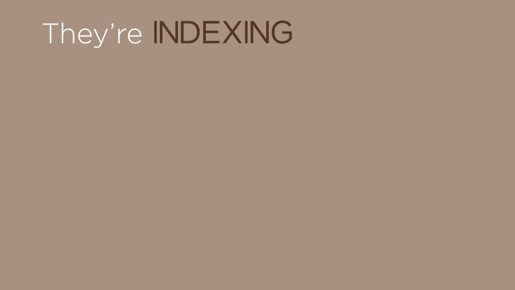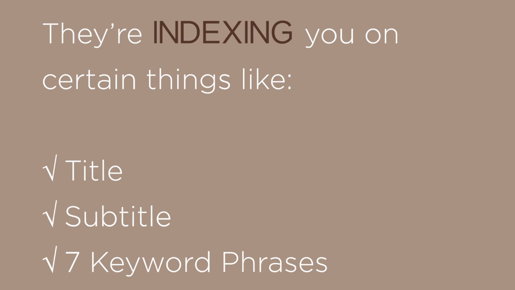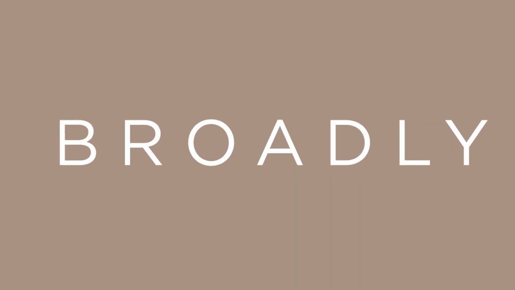When you first list a book, they're indexing you on certain things like your title, your subtitle, and the 7 keyword phrases that you list. But with Amazon ads, you get to target much more broadly. When you first set up your book, you're allowed 7 keyword phrases, and they can't be titles of other books or other authors, because it's very specific what you're allowed to put there.